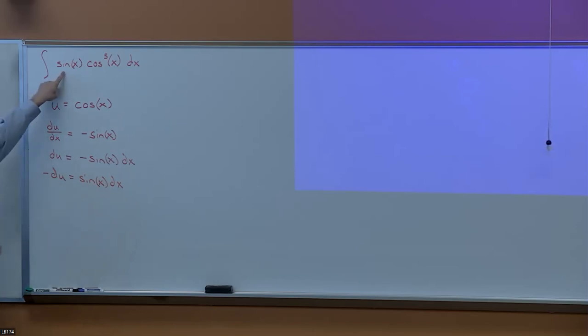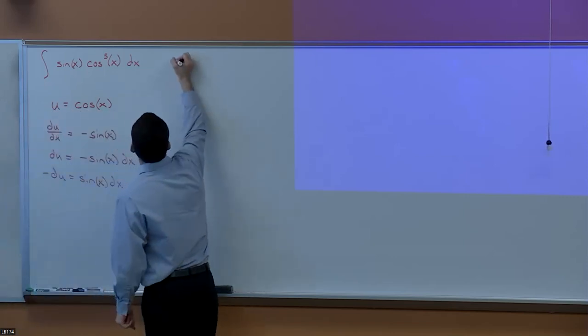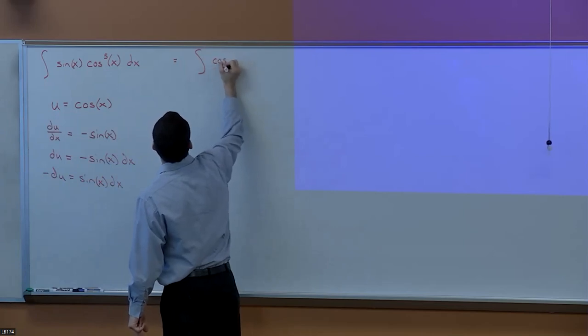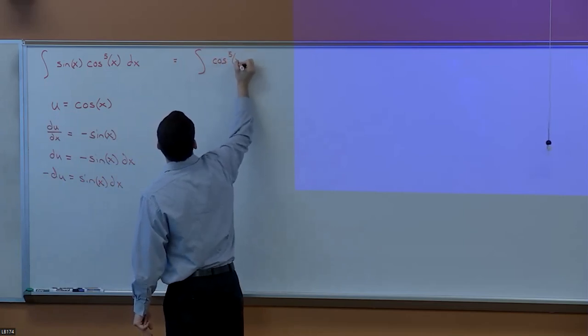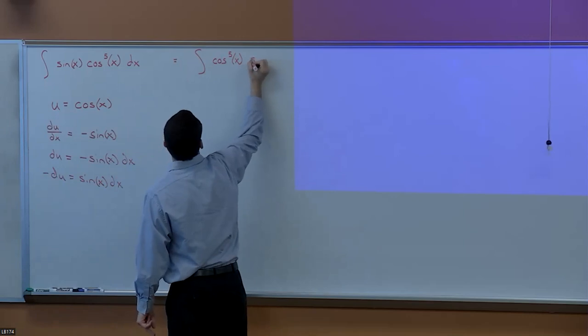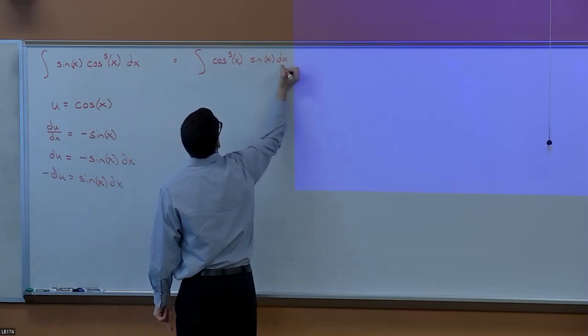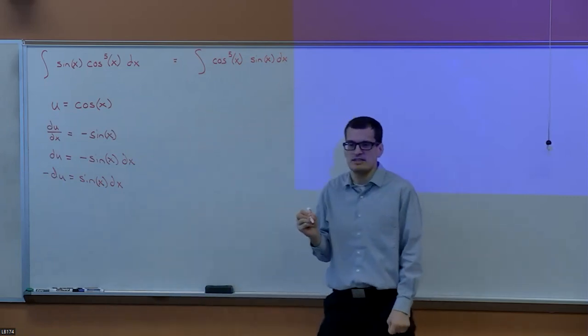Since I already have a positive sine, I'll probably use this one. And so I'll do a rewrite. Cosine to the fifth times sine x dx.